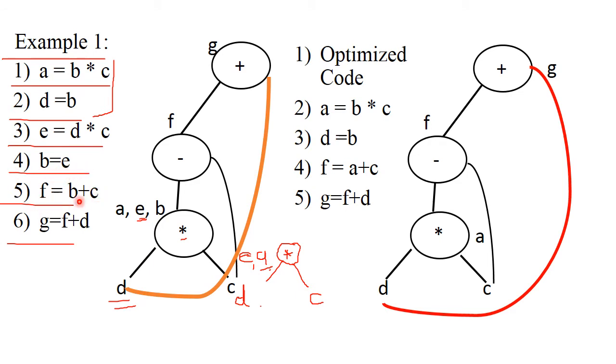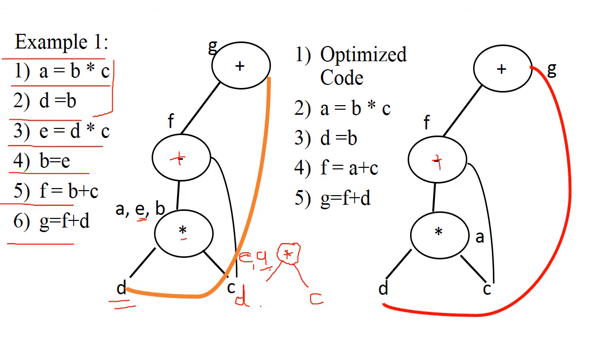Now next one, F is equal to B plus C. So here a plus should be there. So here we have a plus. Okay.